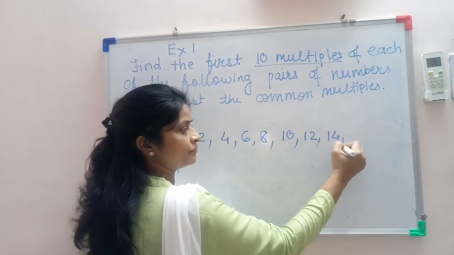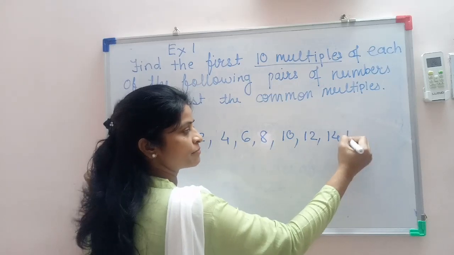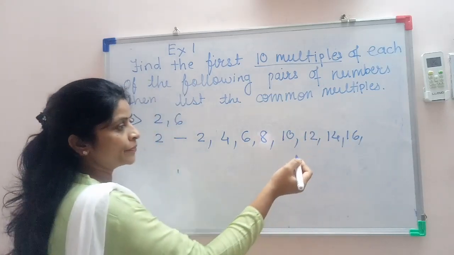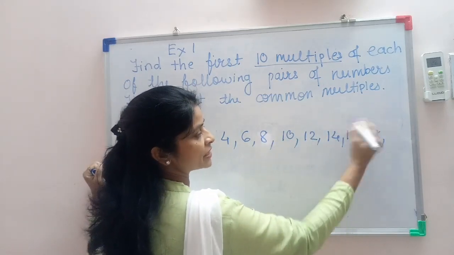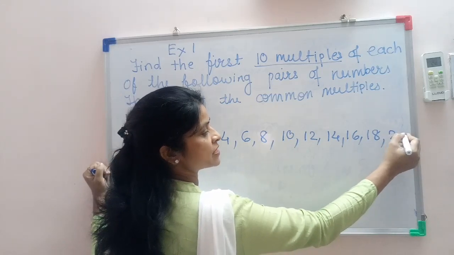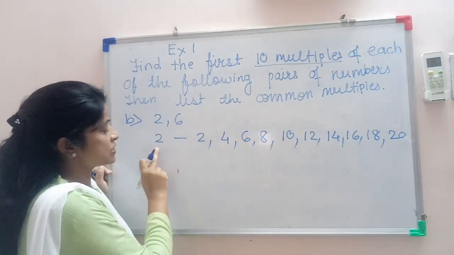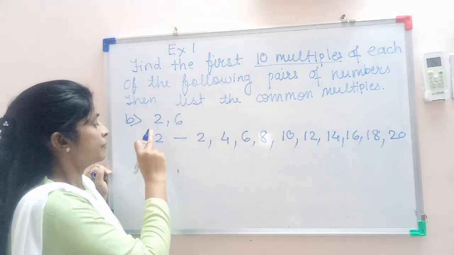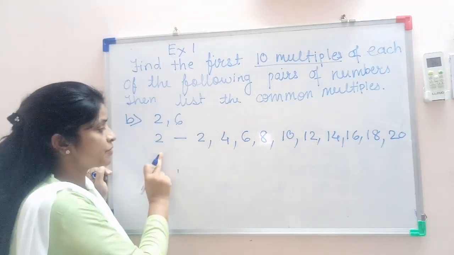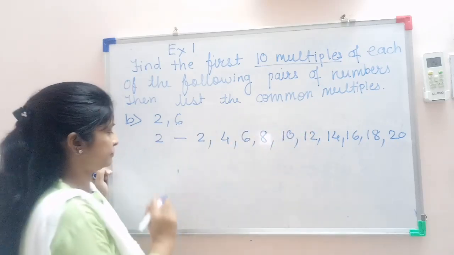After that multiplied by 7 is 14, multiplied by 8 becomes 16, multiplied by 9 becomes 18, multiplied by 10 becomes 20. These are the first 10 multiples of 2 which we get by multiplying the given number by 1 to 10.